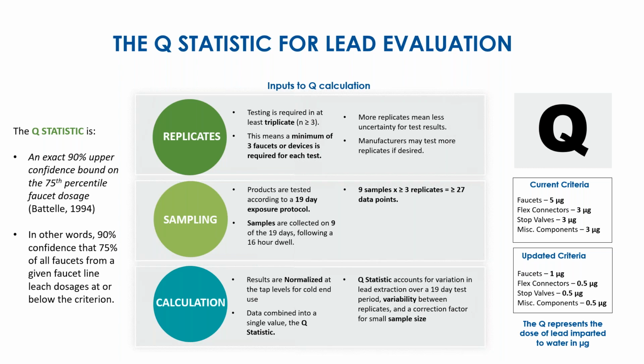This Q statistic accounts for a variation in lead extraction over that 19-day period, as well as variability between each of the faucet replicates. And it also includes a correction factor that accounts for the relatively small sample size being tested. And I'll go a little bit more into detail on what this Q statistic calculation looks like in a few slides.